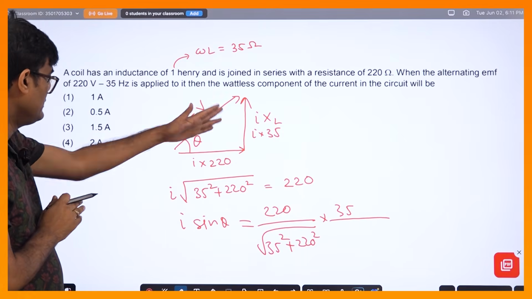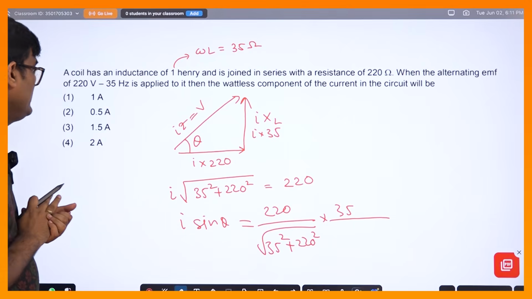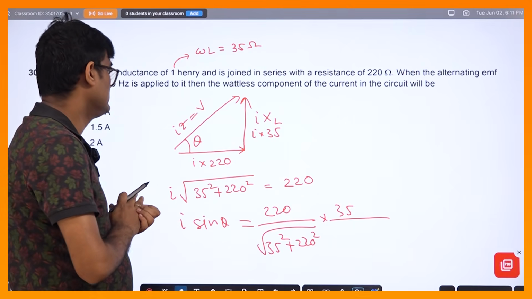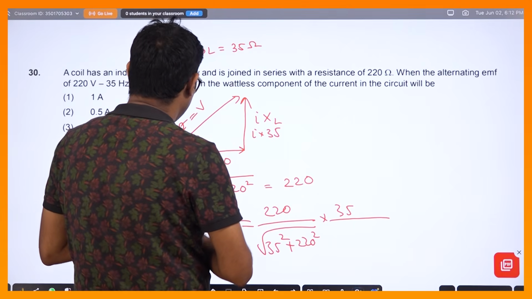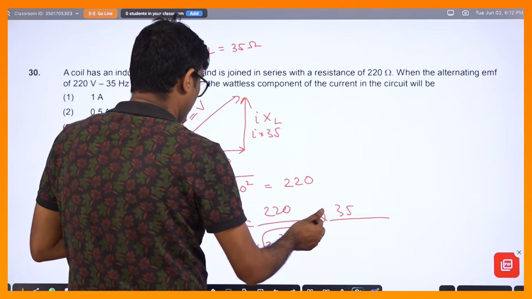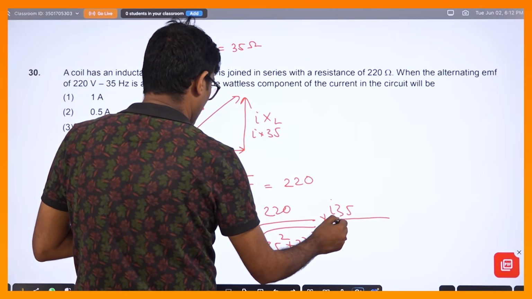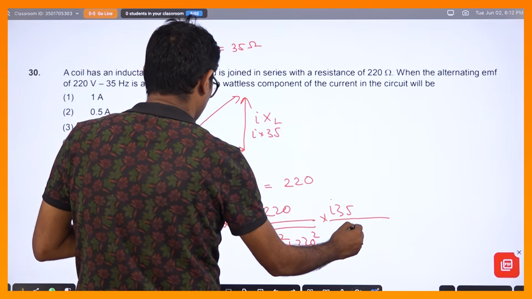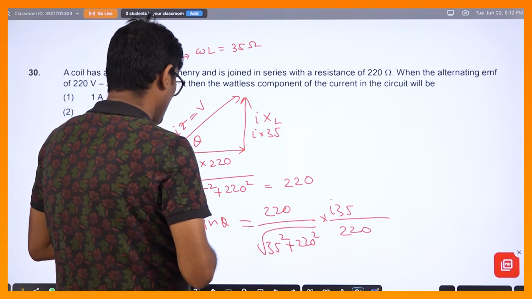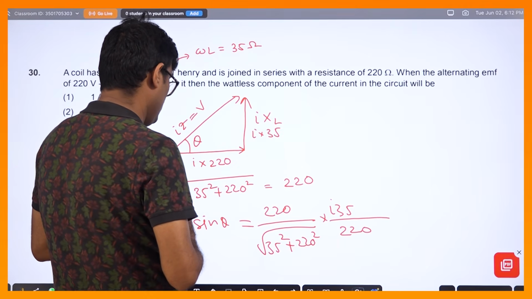And what is I sin theta? In this triangle, sin theta is equal to I into 35 by 220, right?